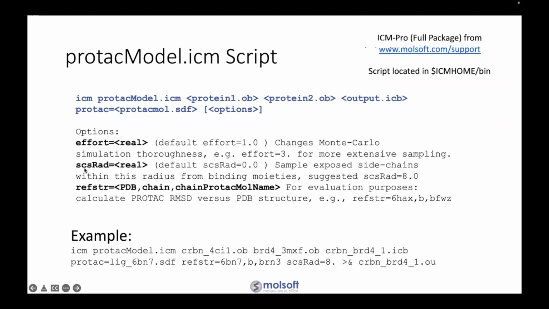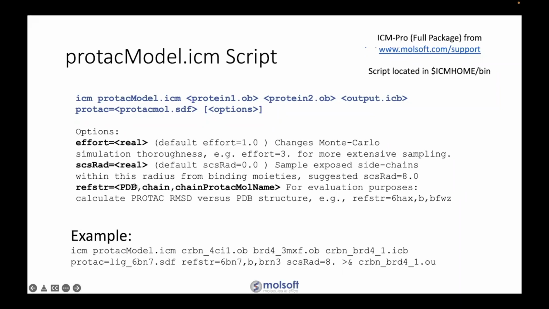This option, SCS rad equals, and then you enter a real value. This is basically a radius around which the side chains will be fully flexible. So we suggest a radius of 8.0, 8 angstroms.